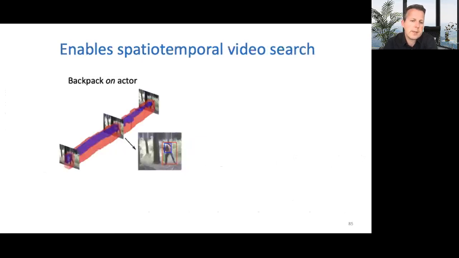Having this object representation and also their localization inside the video being known enables new types of spatiotemporal video search. So all of a sudden you can ask questions: find me those fragments where there is an actor who has a backpack on his back. Then you can find not only the actor, but also the location of the backpack in this video stream.